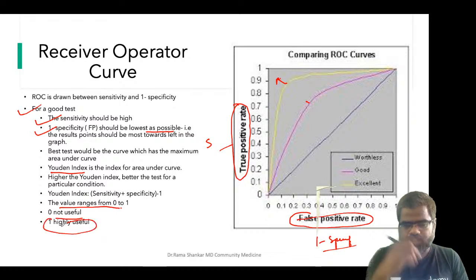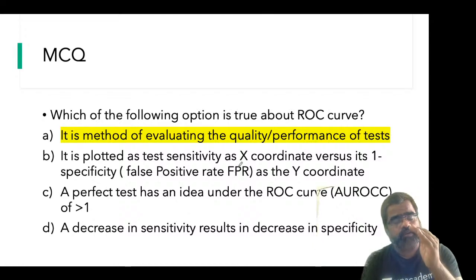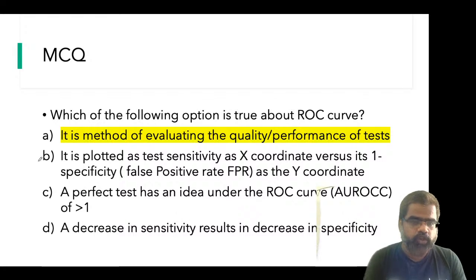Now, so this is receiver operator curve. Now come to the question. It is plotted as test sensitivity as an x coordinate, student. Now if you remember the graph, the x-axis has false positive rate, meaning 1 minus specificity. So this option is not correct. A perfect test has an area under ROC curve greater than 1. No, the value ranges between 0 to 1. So this is also incorrect.